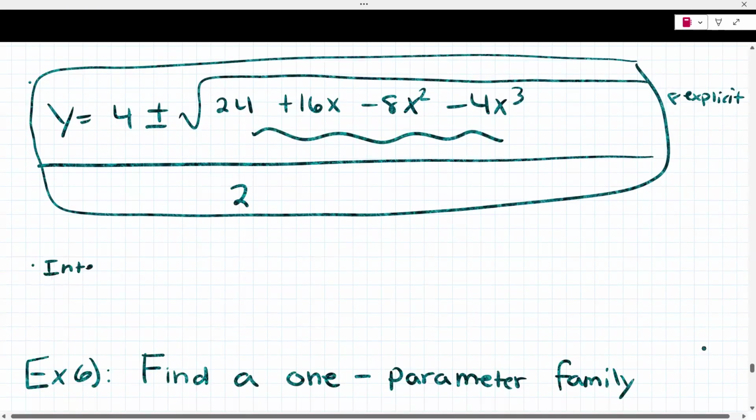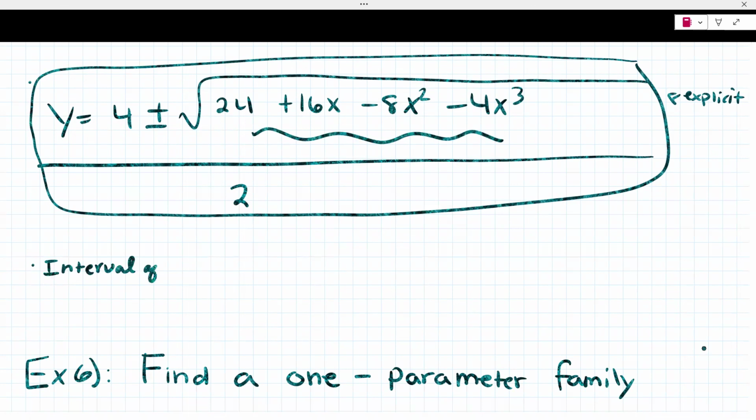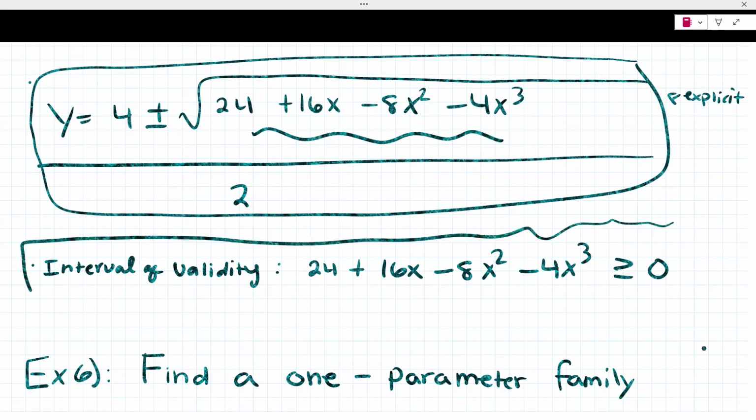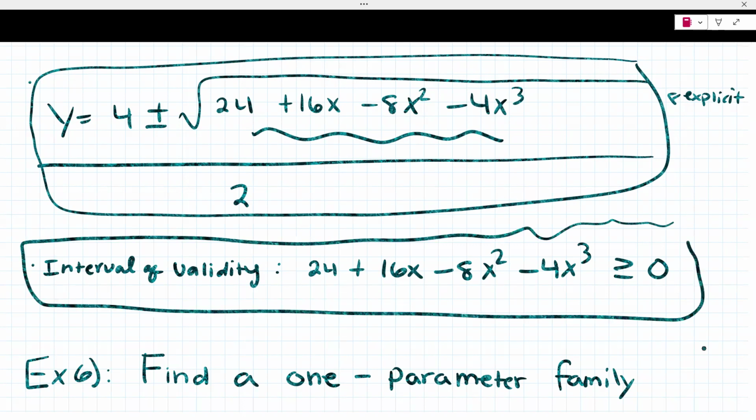Your interval of validity is this whole thing, greater than or equal to 0. And I tried grouping by factoring, it will not work, so it's just this.